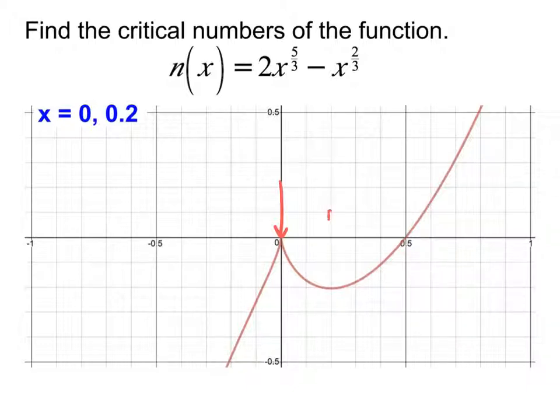And 0.2, that's actually where the derivative equals 0, so you can see that it's bottoming out there. In this case, both of my critical numbers were actually local extrema. I had a local max at 0 and a local minimum at 0.2.